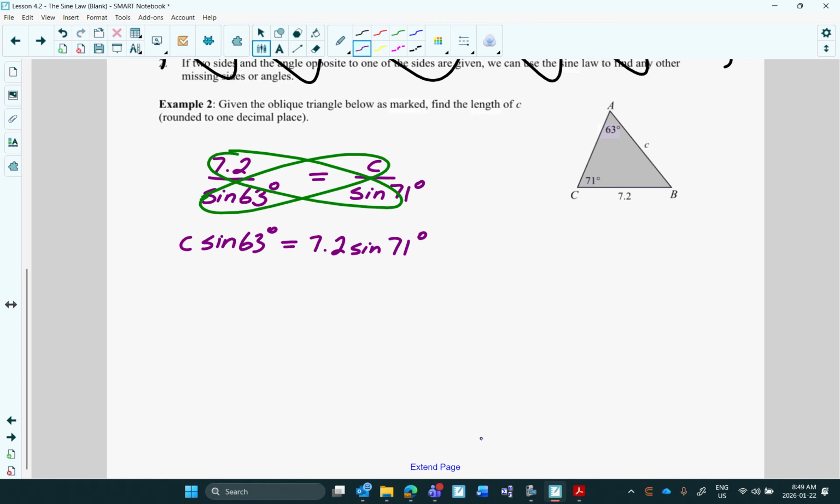And then to find C, I need to divide both sides by sine 63 degrees, and then do those calculations on the calculator. And I end up with an approximate answer, if I go to one decimal place, of 7.6.